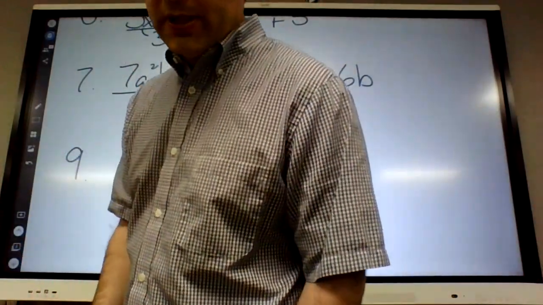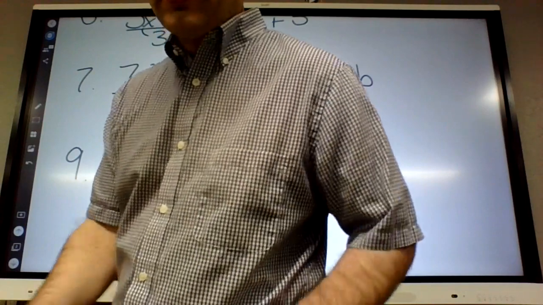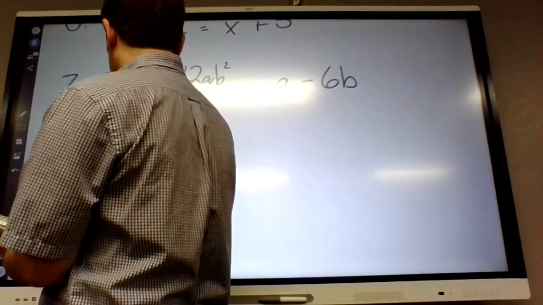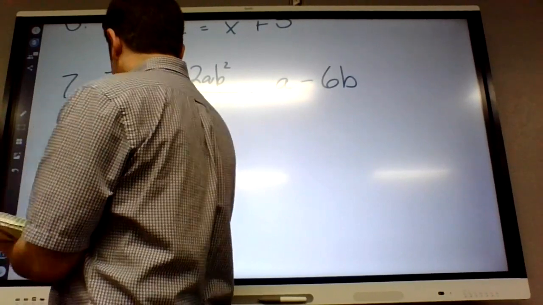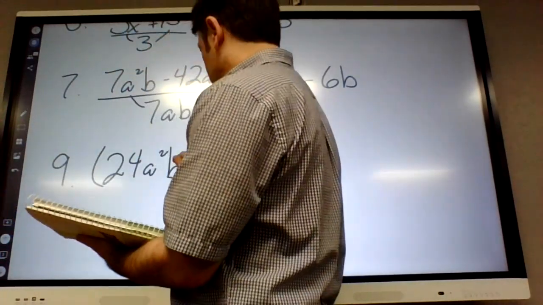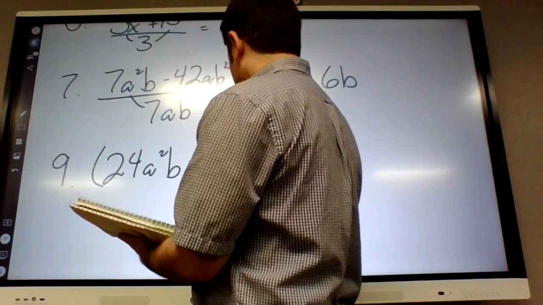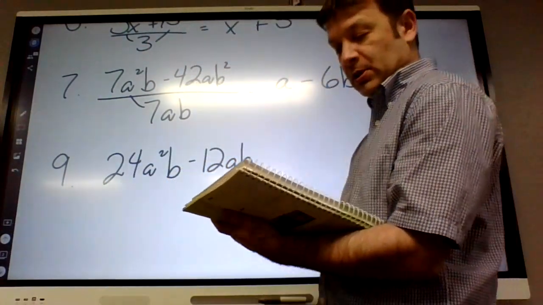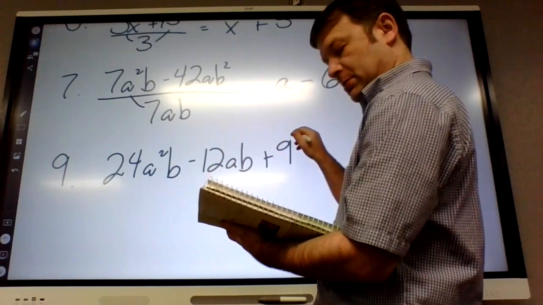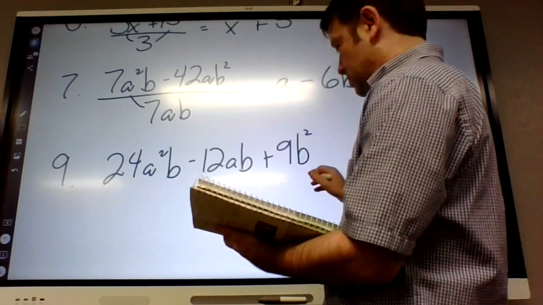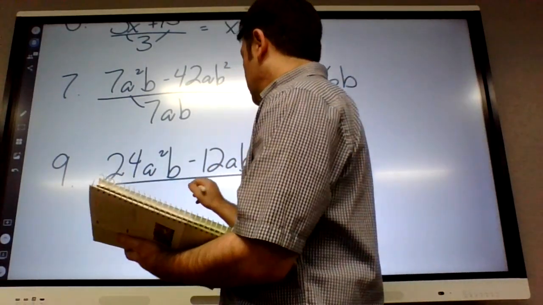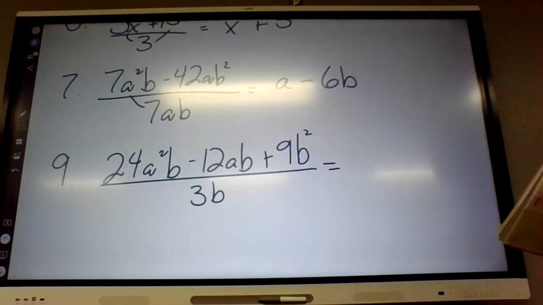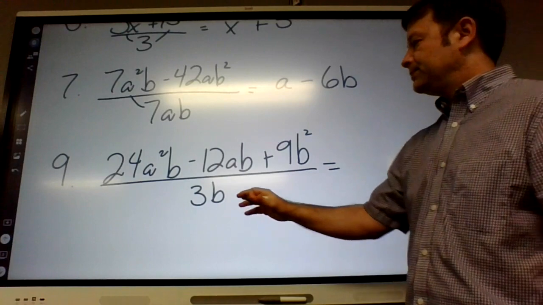Okay, number 9. Ooh, this is a big one. 24a squared b. I guess I don't really need to print these since I'm writing it with the division bar. Okay, Hank, first term.